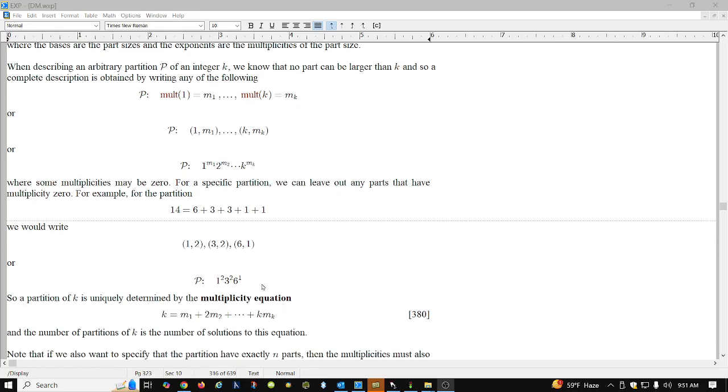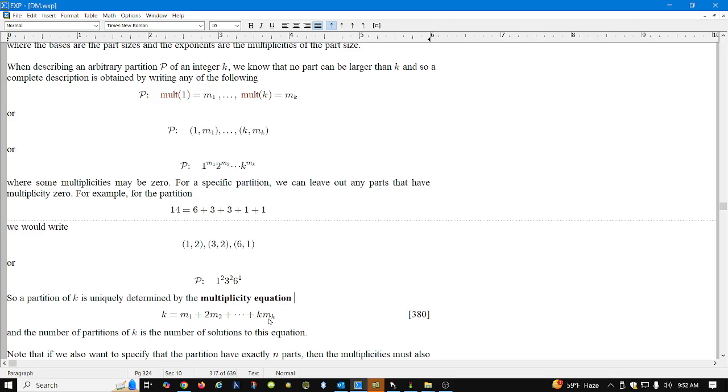And in the exponential notation, it would look like this. In any case, a partition of the integer k is uniquely determined by this equation involving the multiplicities of each part.